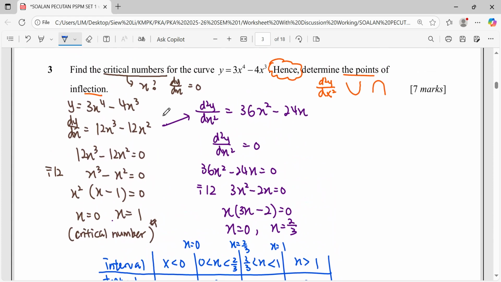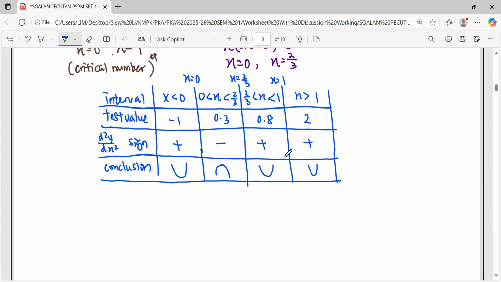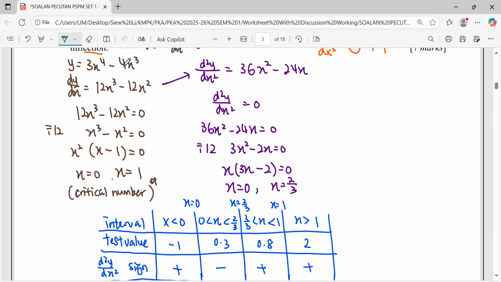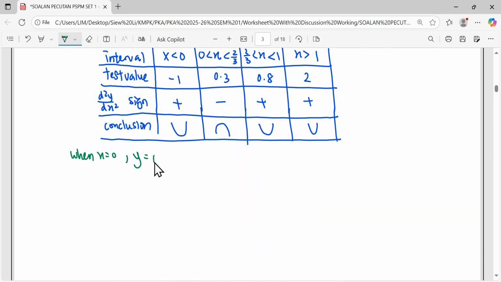Since we need a point, we need a coordinate here. Now we proceed to find the coordinates. When x equals 0, we substitute back into the original function: 0 minus 0, which is 0. So you have (0, 0).